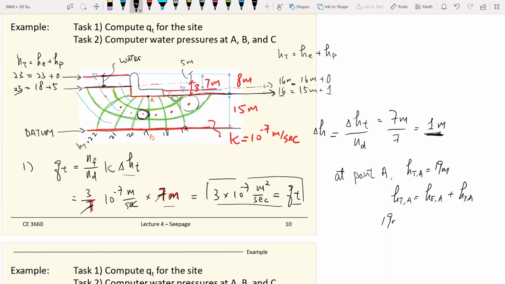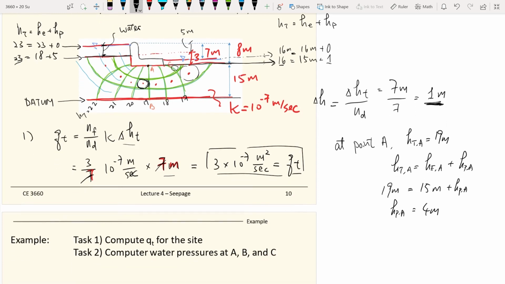So we know the total head is 19 meters, and the elevation head at that point is 15 meters. So at that point, the elevation head is 15 meters, so we can solve for the potential head at point A, which is 4 meters.